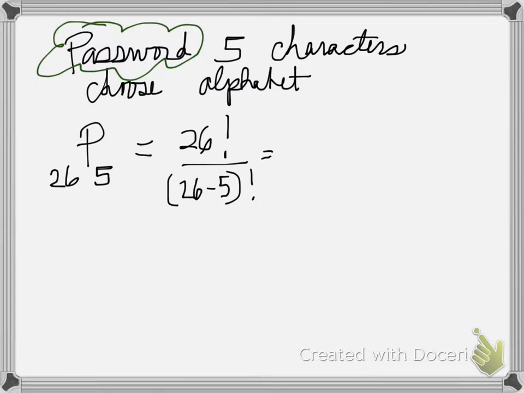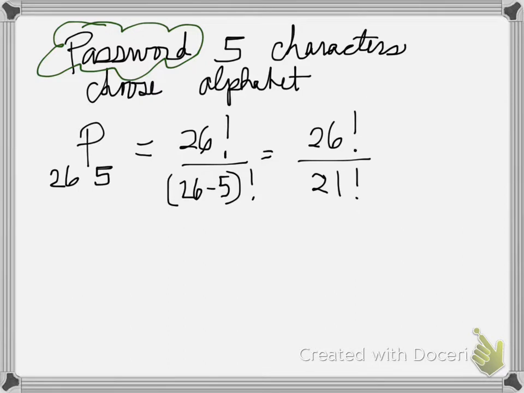So I'm going to simplify. So 26 factorial over 26 minus 5 is 21. 21 factorial. So if I wanted to, I could write that all out. 26, 25, 24, 23, 22, 21, 20, 19, 18, 17, 16, 15. And then the bottom, 21, 20, 19, 18, 17, 16, 15, right? But am I going to have some repeats in there?